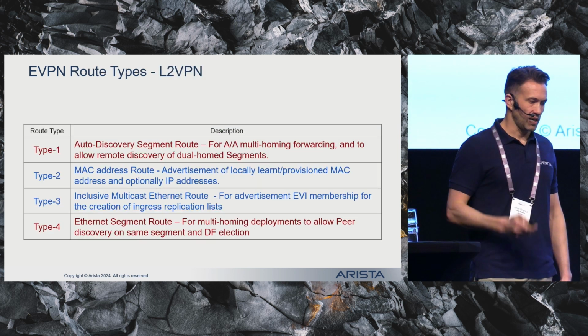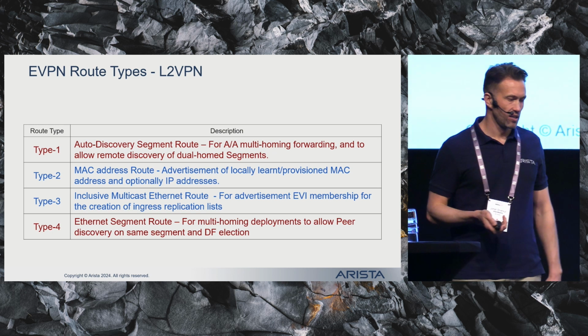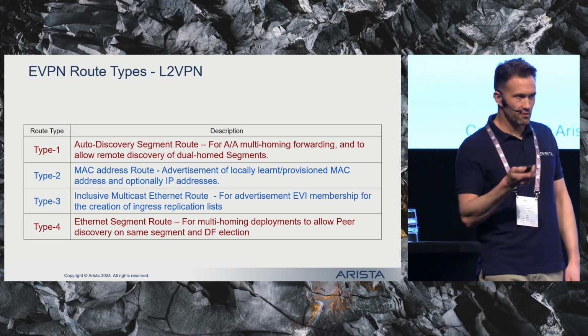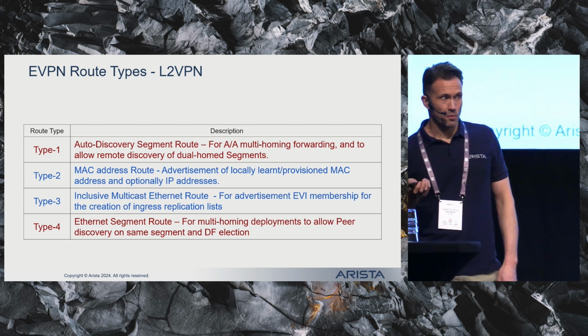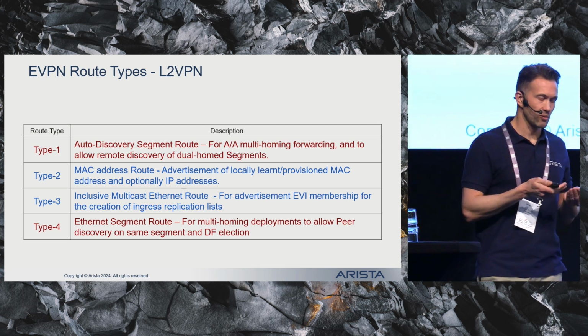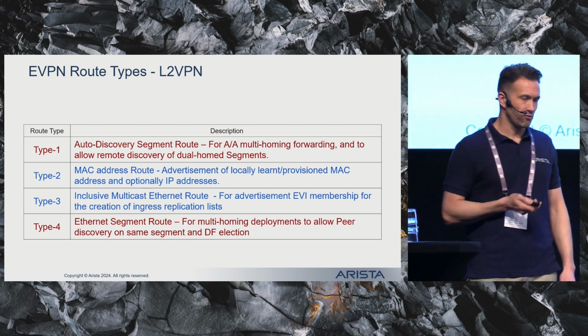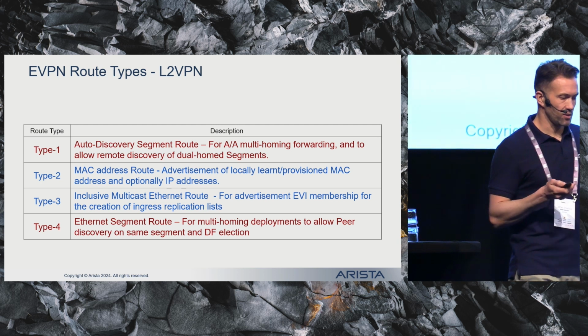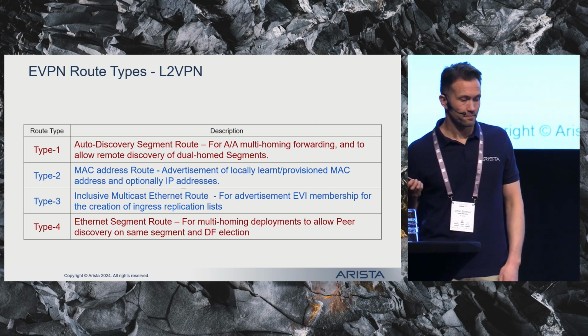And these route types are what EVPN uses to signal various data for different types of services. You have type 2, which is this MAC advertisement that I showed you. You have type 3, which is what PEs use to advertise that they participate in a specific VPN. And then you have type 1 and 4, that are used for signaling state in multi-homing scenarios.